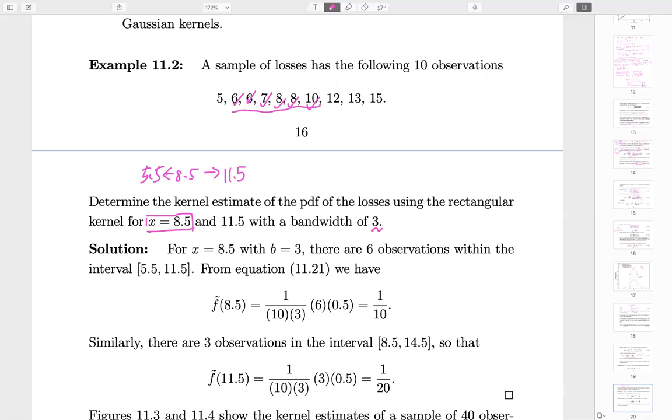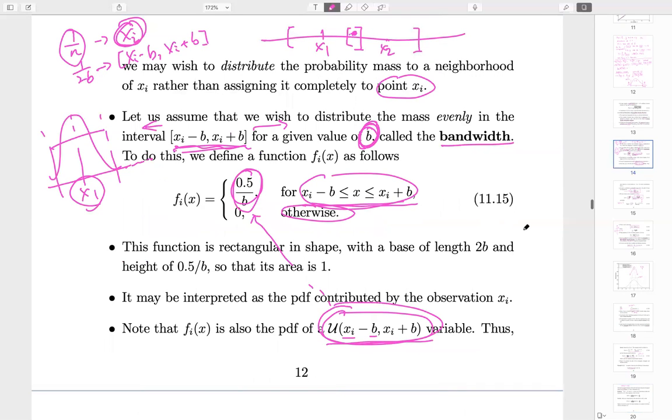Here we have 4, 6, 7, 8, 10, right? 12 does not reach because the lowest point that is reachable by 12 is 9, okay? Then we calculate, okay, what it is for the weight. By the way, it's uniform, so they all share the same. Right? So here b is 3, right? So for each f_i it is 0.5 divided by 3, so it's 1/6.